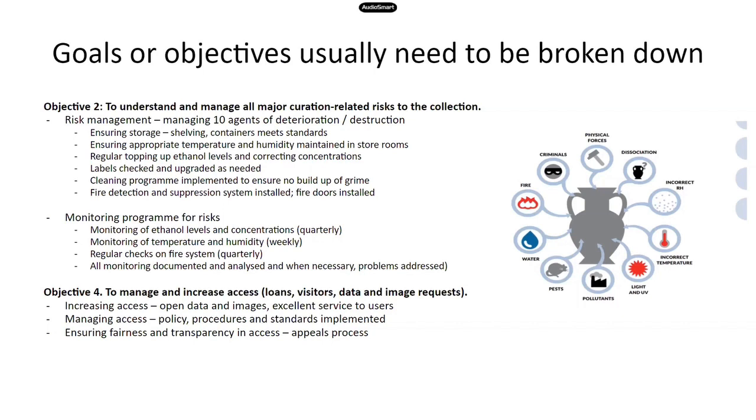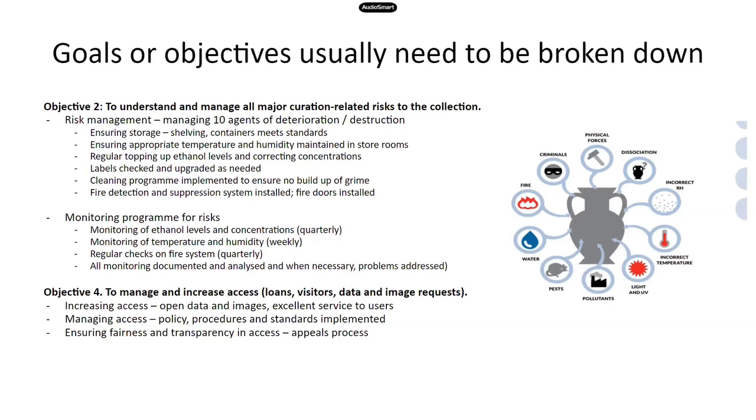And it'll deal with storage, temperature and humidity control, topping up ethanol levels and correcting concentrations if it's a wet collection, pest management if it's a dry collection, cleaning, label checking, fire detection and suppression, and what you need to do with those. So you'll have to break down those objectives further.